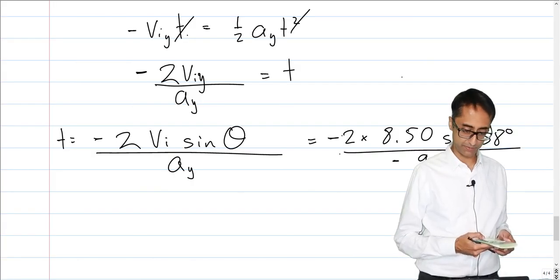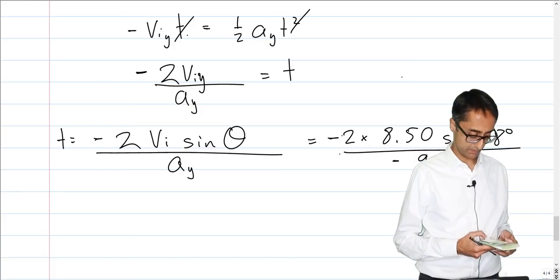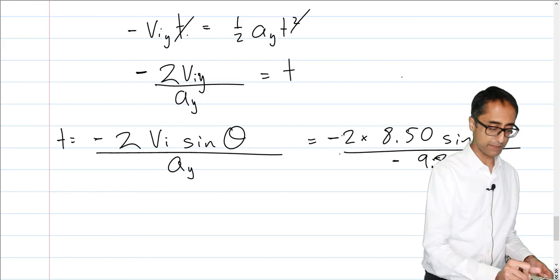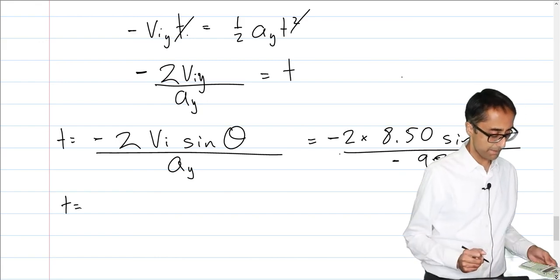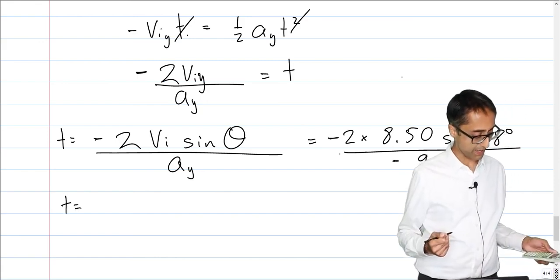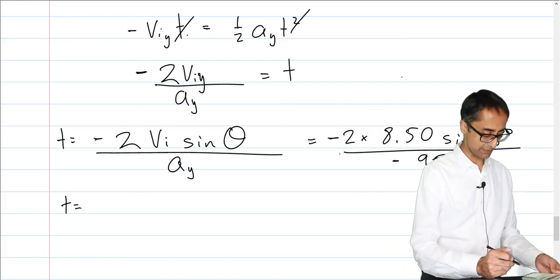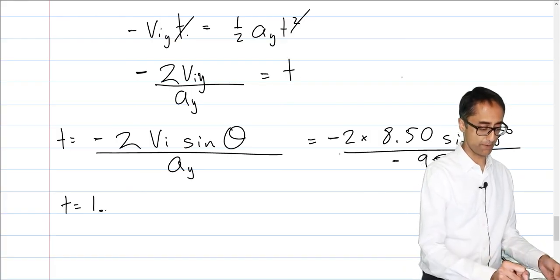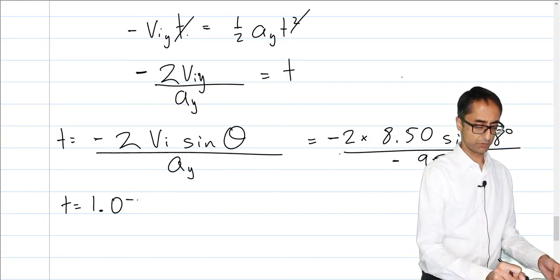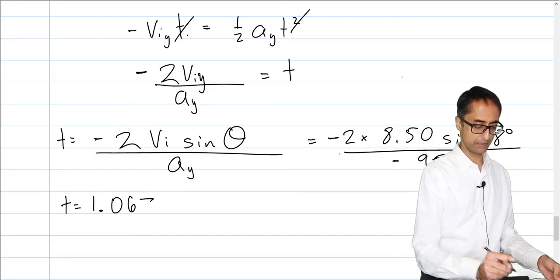Make sure you're doing this as well. And I get a time close to 1 second, but I'm going to keep a lot of digits here. I do 3 sig figs, so at least keep 4 digits around. So 1.068.